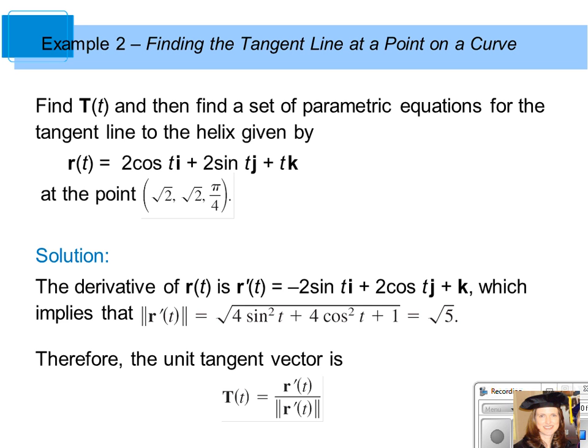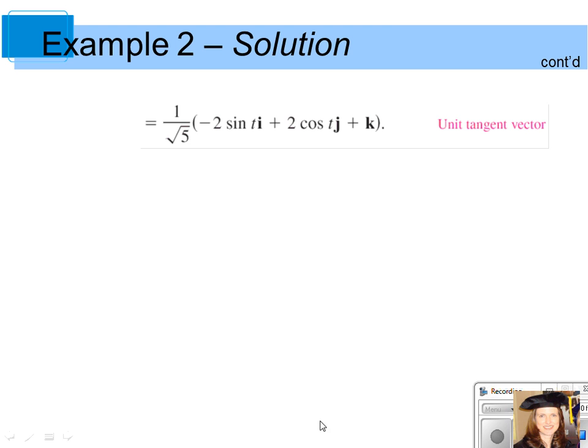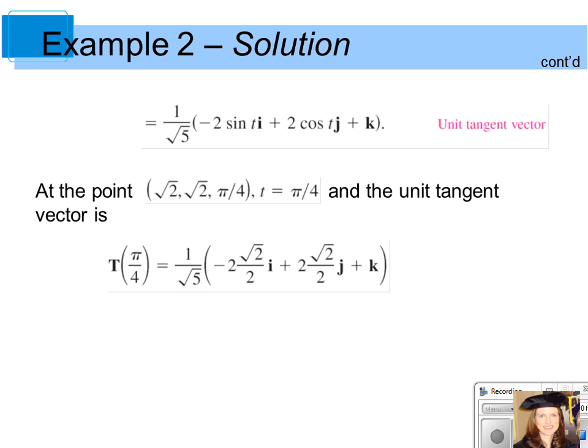So the unit tangent vector is r prime of t divided by the magnitude of r prime of t. So it's 1 over square root of 5 times negative 2 sine t i plus 2 cosine t j plus k. That's our unit tangent vector. At the point square root of 2, square root of 2, pi over 4, that's your x, y, z, t is equal to pi over 4.